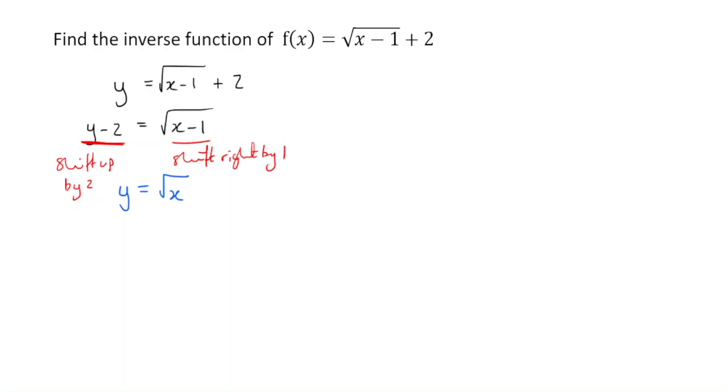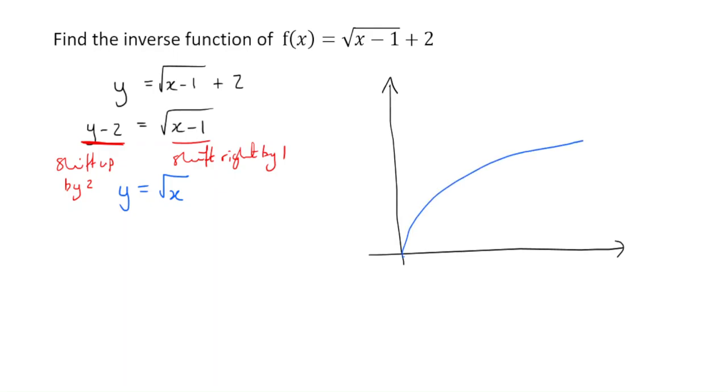So what I'm saying here is that if we know what the graph of y equals the square root of x looks like, so y equals square root of x looks like that, then we should know what f of x looks like, because it's just a shift to the right by 1, and a shift up by 2. So there's 1, there's 2. So our graph should look like that, okay?